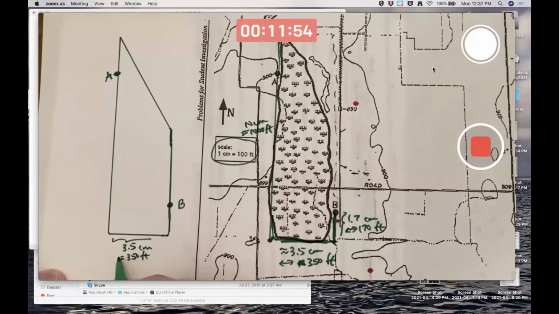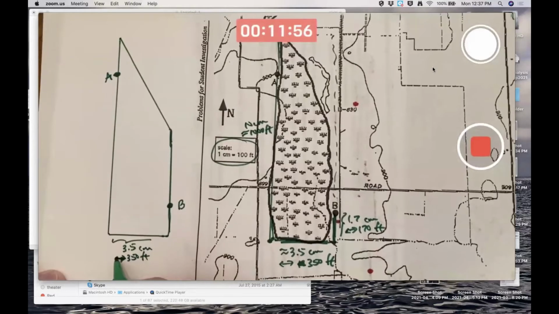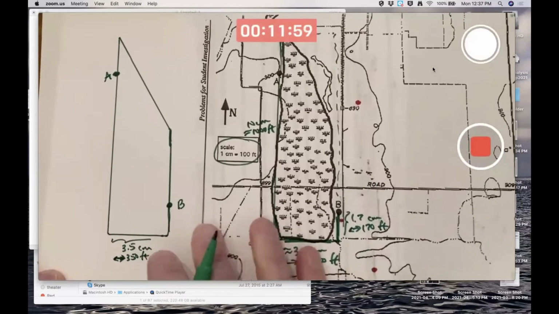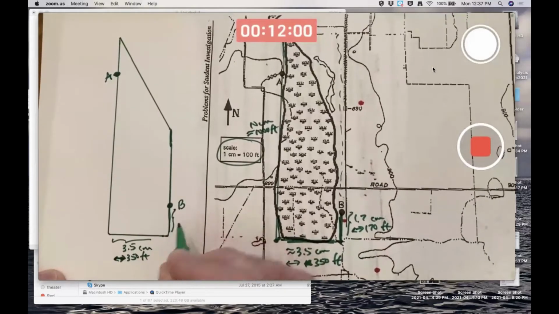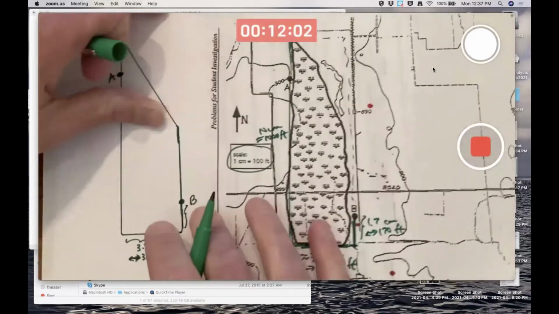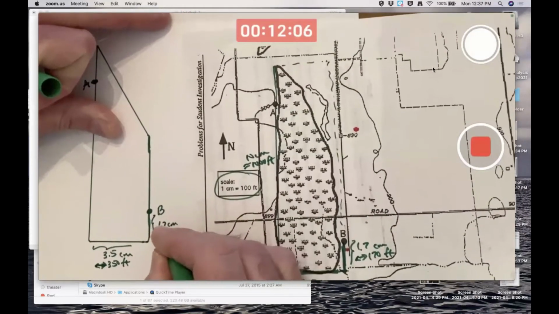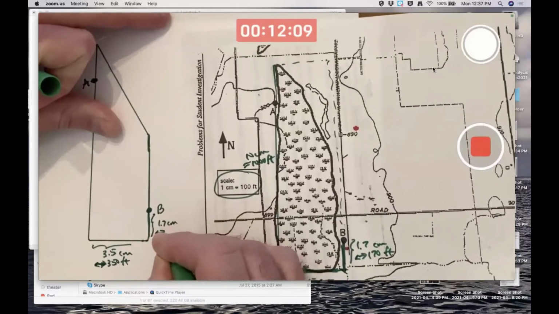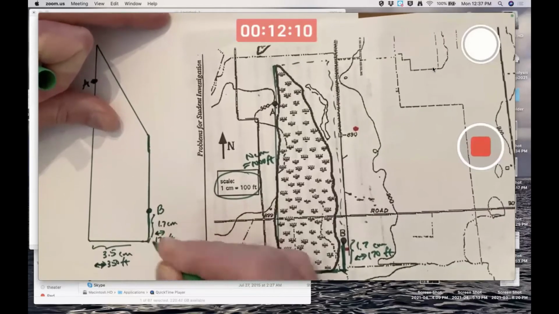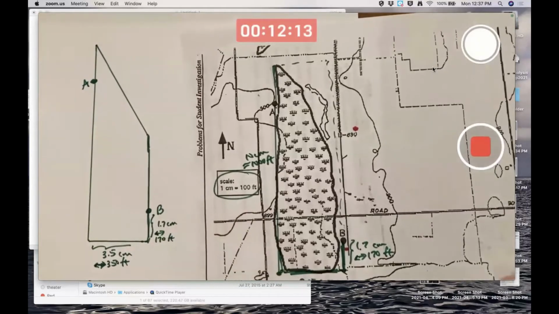Maybe instead of equals, I should put the arrows there. This one was again 1.7 centimeters. That corresponds to 170 feet. We need some new dimensions now.